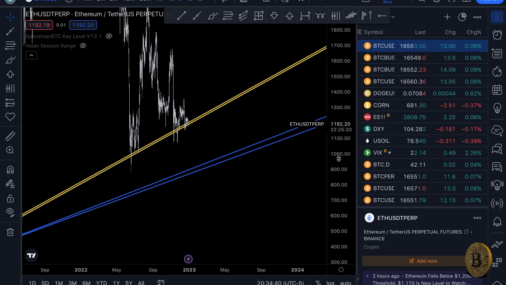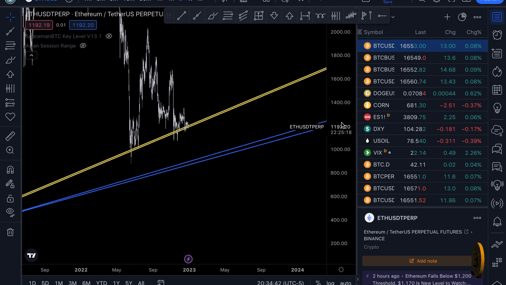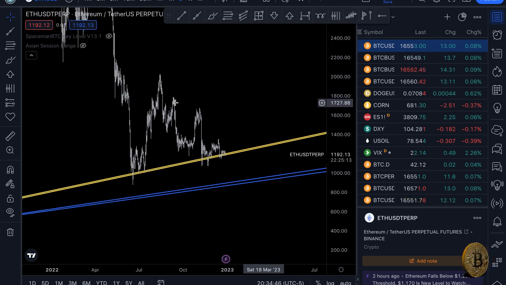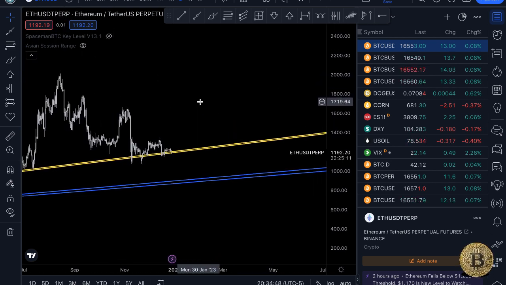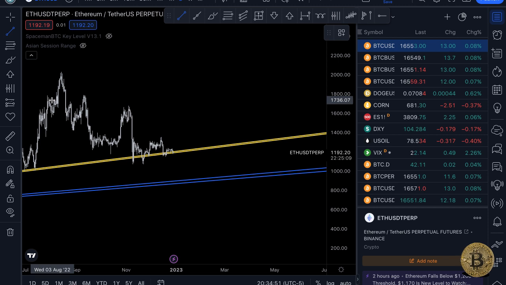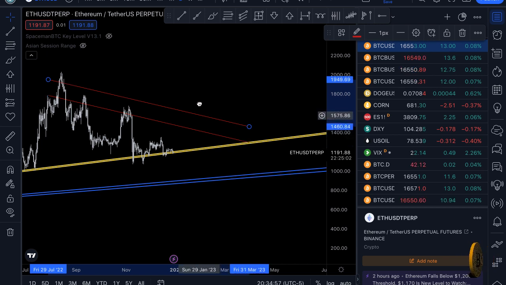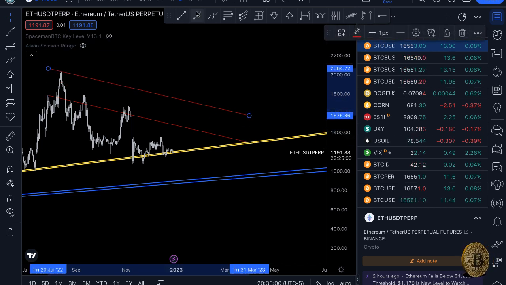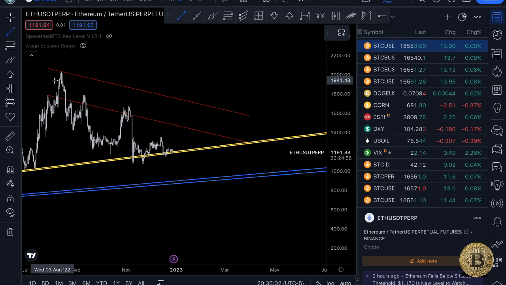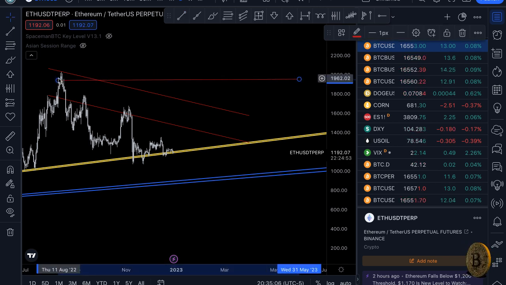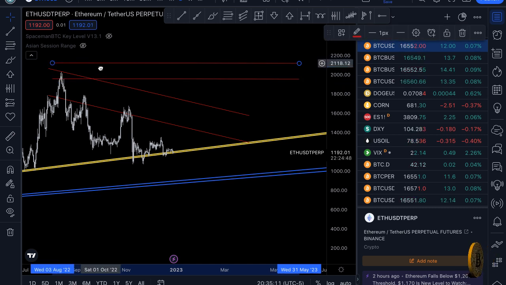So I do think we get another bounce, and you can use the exact same method for your take profit. So something like here, or if you look closer, something like this. Those zones.